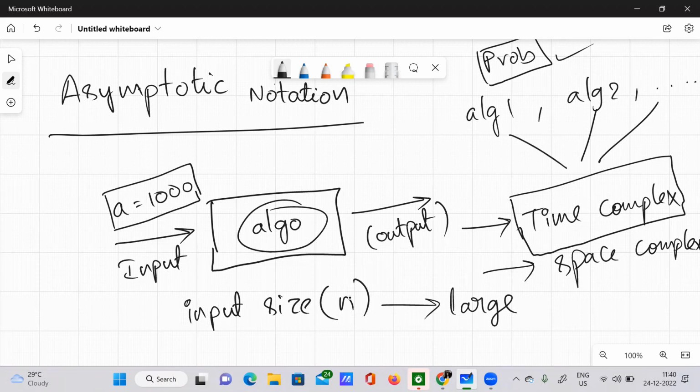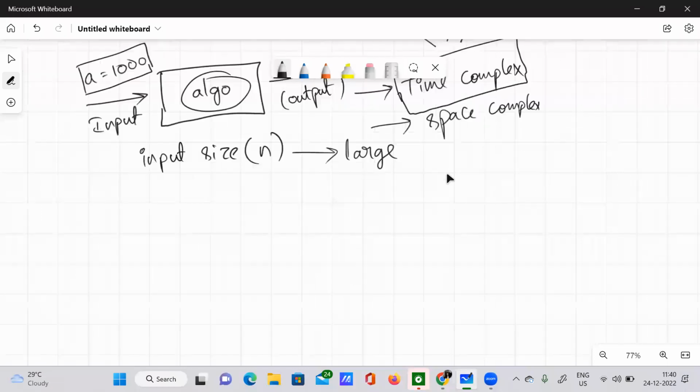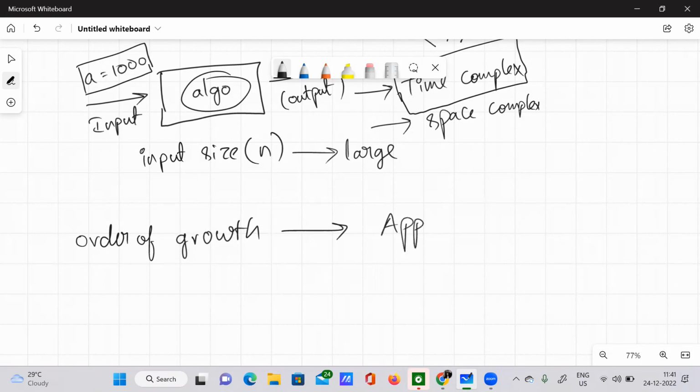Then the order of growth is very much important. Order of growth in the sense, it's an approximate time. It is the approximate time that is required to run a program, right?